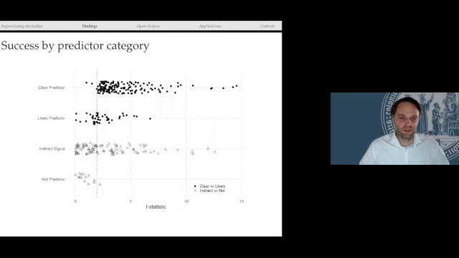All right. Now let's look at the different categories, the 4 categories that we defined. Again, look at the t-statistic on the x-axis, and the dashed line is at 1.96. For almost all of the clear predictors, we find a t-statistic above 1.96 when we reproduce them.